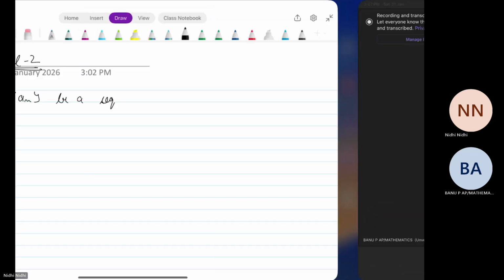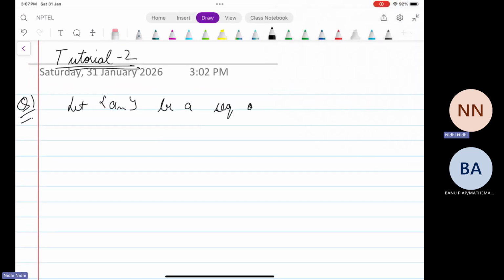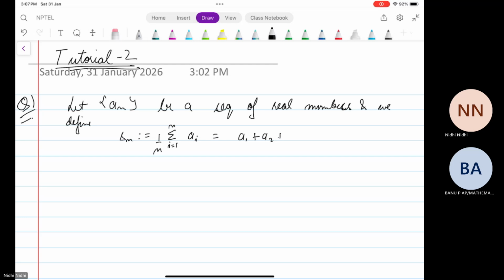Let's start again. Let an be a sequence of real numbers, and we define a sequence Sn, which is 1 by n summation i from 1 to n ai. So basically we are just taking the average of the first n terms of the sequence an.